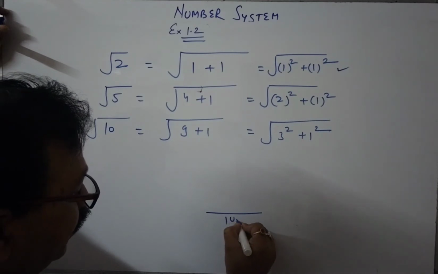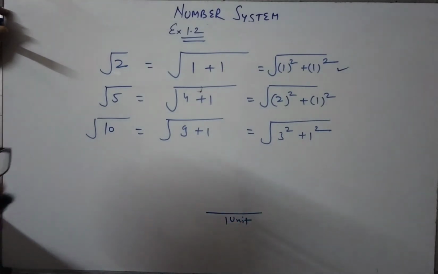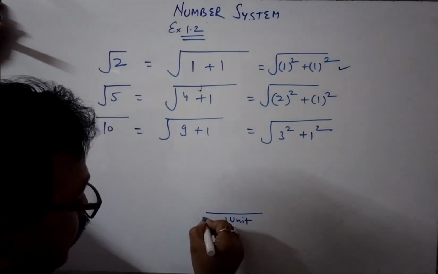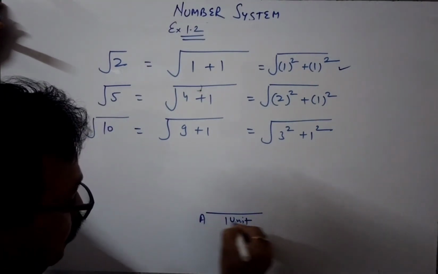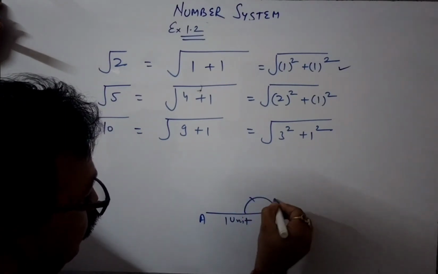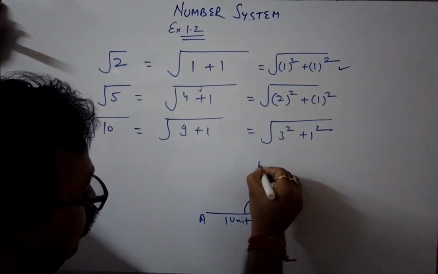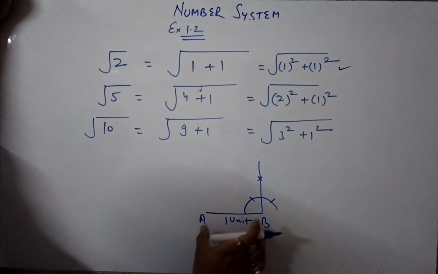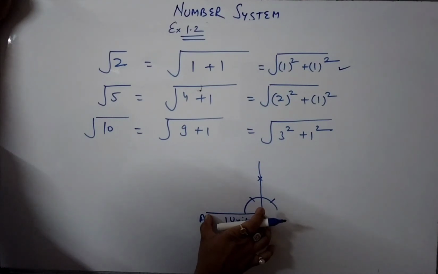Draw an angle of 90 degrees. I consider this as point A and B, with a 90 degree angle. The 1 unit that we have considered is AB.